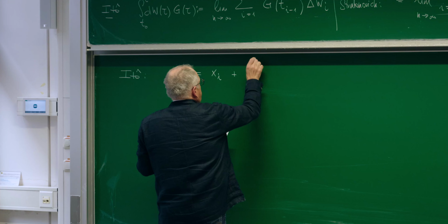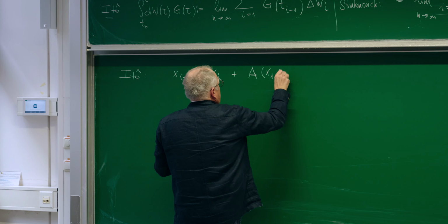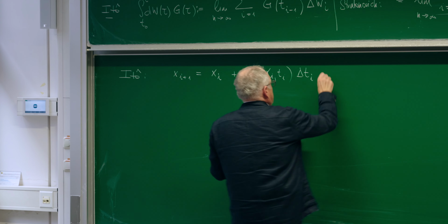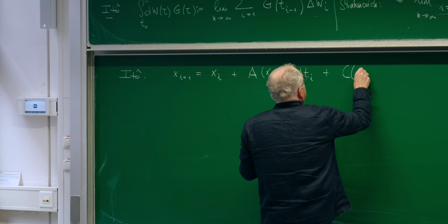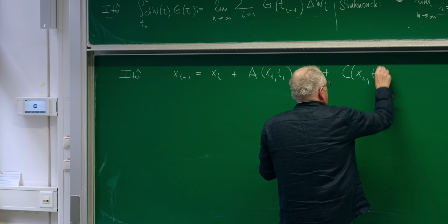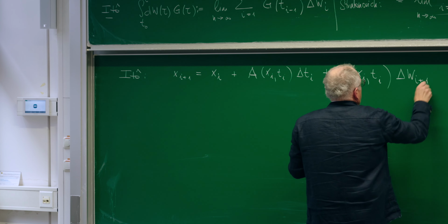You have A of xi and ti times delta ti plus c of xi, ti times delta wi plus 1.